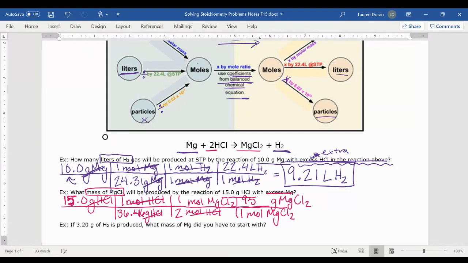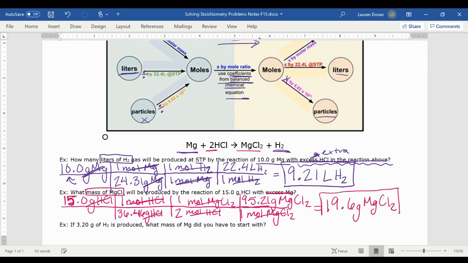That molar mass is 95.21 grams. Moles of MgCl2 cancel. And again, I should have 3 significant figures in my answer, and I'm going to get 19.6 grams of MgCl2.